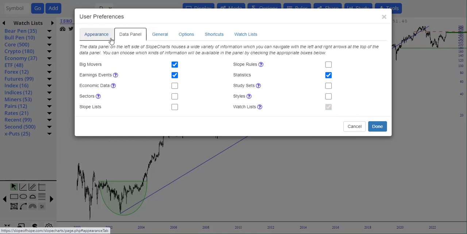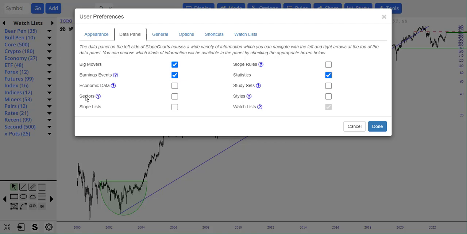So, in alphabetical order, Big Movers shows the big gainers and losers for a given day, as well as the volume leaders. Earnings Events shows the items that are going to be announcing earnings on a given day. The Economic Data provides access to the wealth of economic information we have that goes back, in some cases, literally hundreds of years.